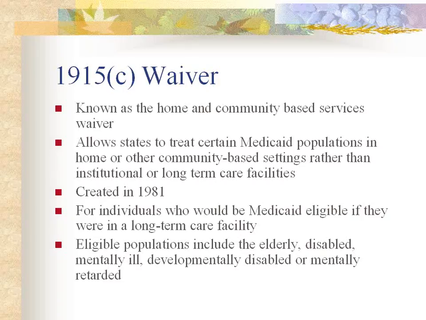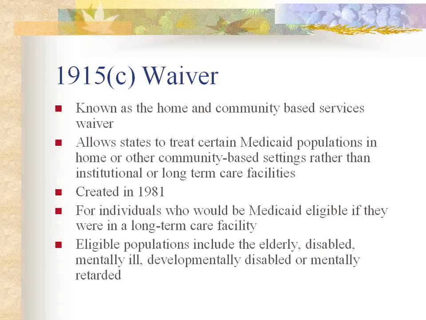Say you have a child at home who is technology dependent, is eligible to move to a long-term care facility, and as a result of moving to that long-term care facility would become Medicaid eligible. Well, you don't really want to move them out of their home where they're cared for just so they can become Medicaid eligible.